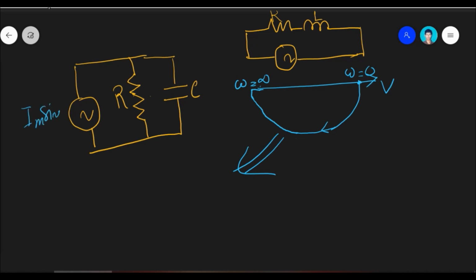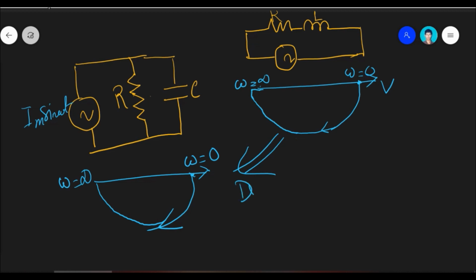Here it is Im sine omega t, and let me draw the locus diagram for my RC parallel circuit. The locus of voltage should be like this. This should be omega is equal to 0, this should be omega is equal to infinity. I have drawn this just blindly relying on the theory of duality.